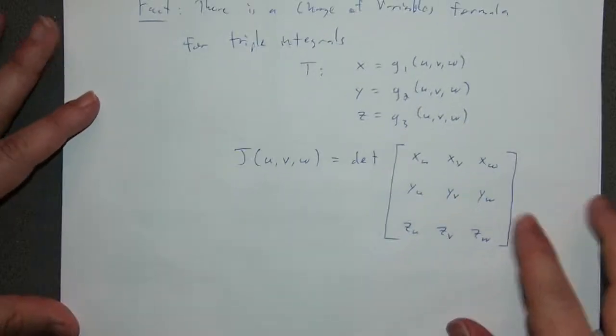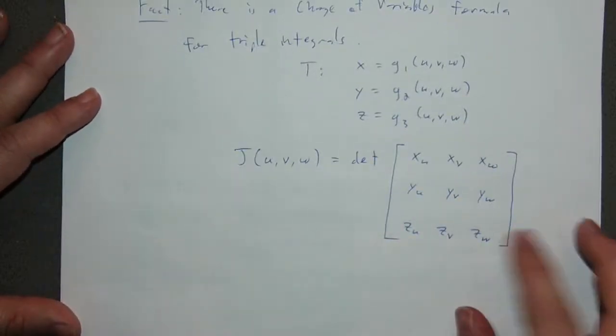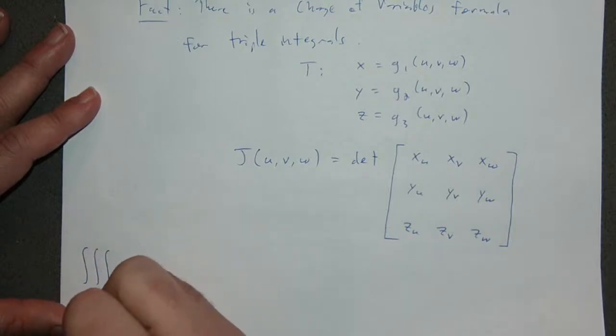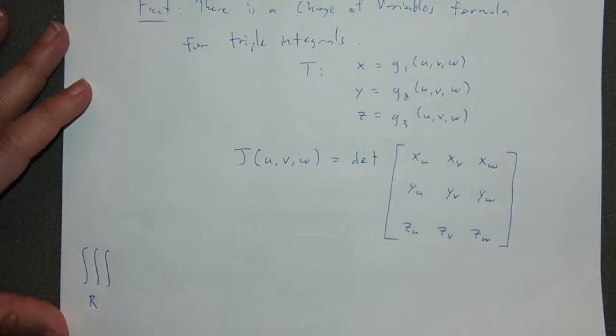And so, with those things written out, the change of variables formula is the triple integral over some region.